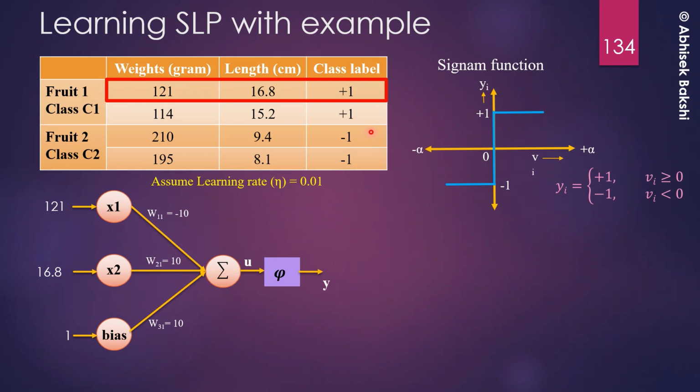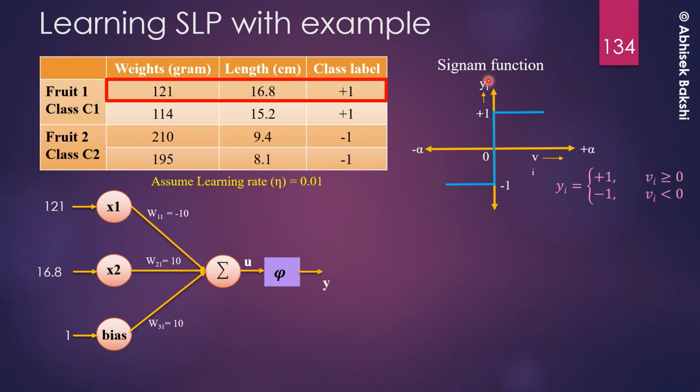And since I have represented the class label as plus or minus, I have used the signum function here, because the signum function gives the output of the neural network as only +1 or -1, so it will be easier to interpret.